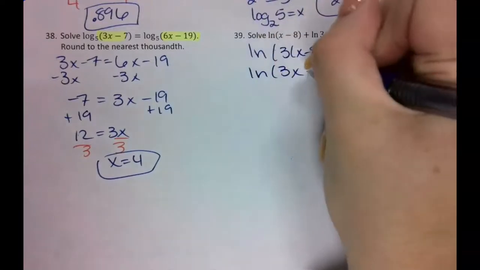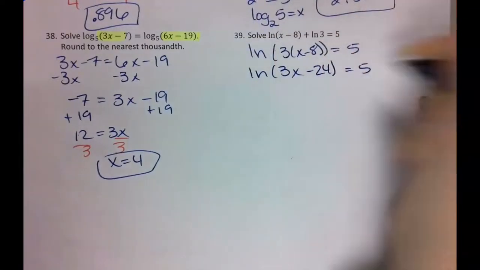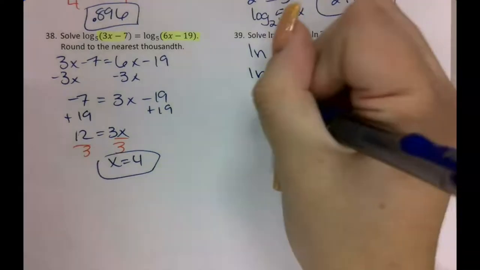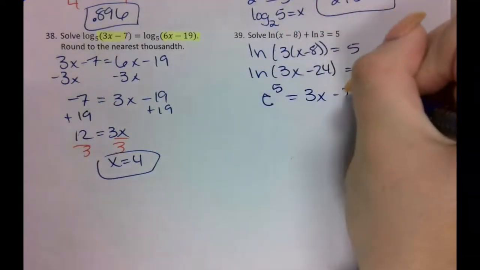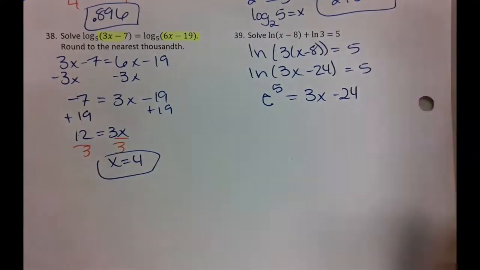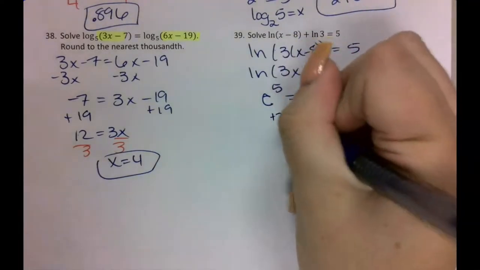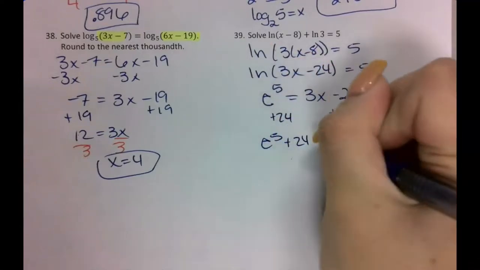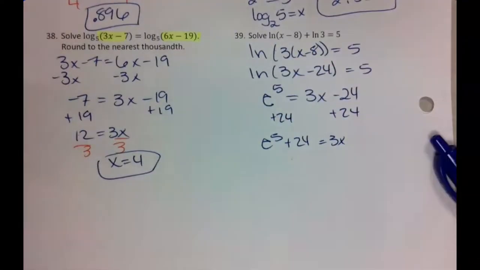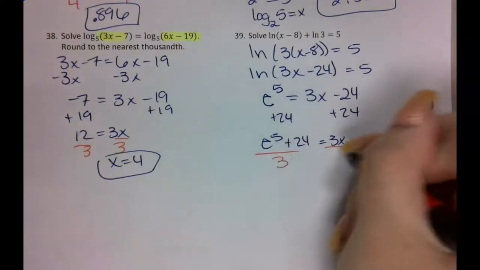This turns into 3x minus 24. I can rewrite it as an exponent. It's going to become e to the 5th equals 3x minus 24. I want to start off by adding 24 to both sides. I get e to the 5th plus 24 equals 3x. Divide both sides by 3.